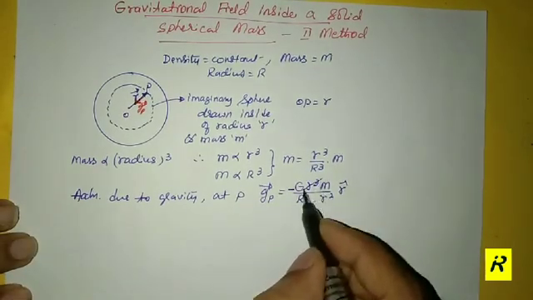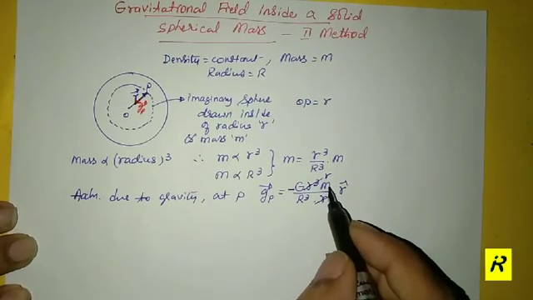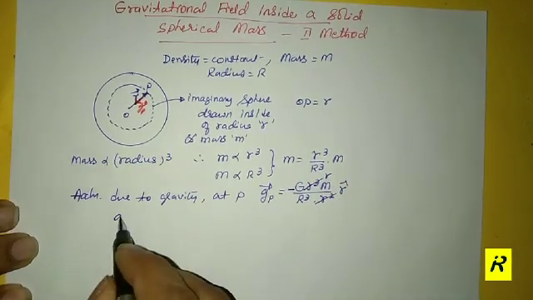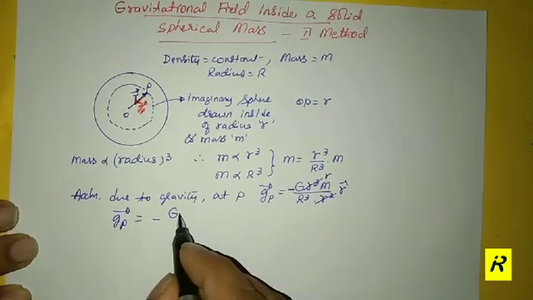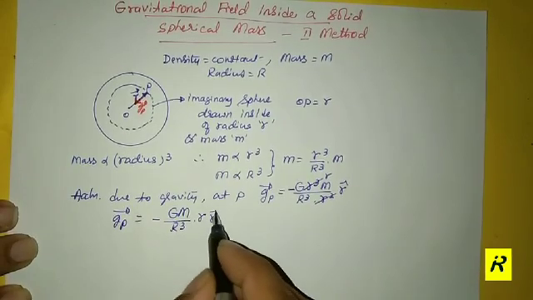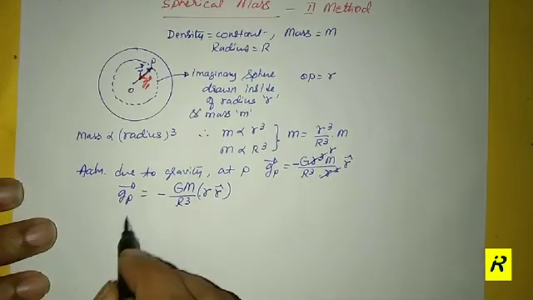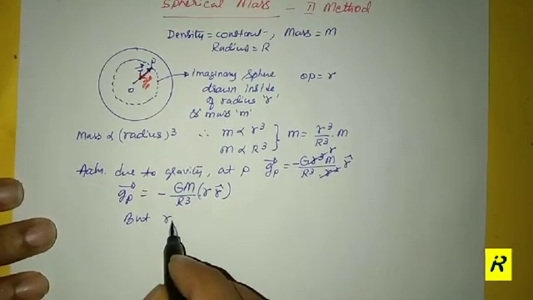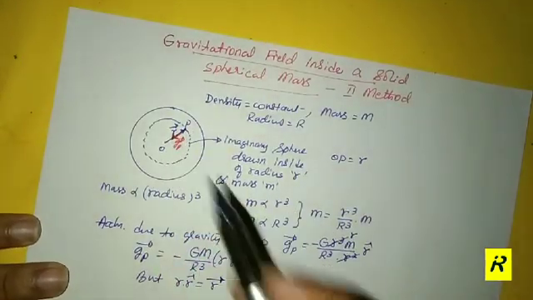So r cube and r square is here, that means in the numerator the left term is only r. That is Gp vector should be equal to minus GM divided by R cube into r multiplied by r cap. So what we can write for this one? So r into r cap, right? r into r cap is r vector, which is the position vector of P.